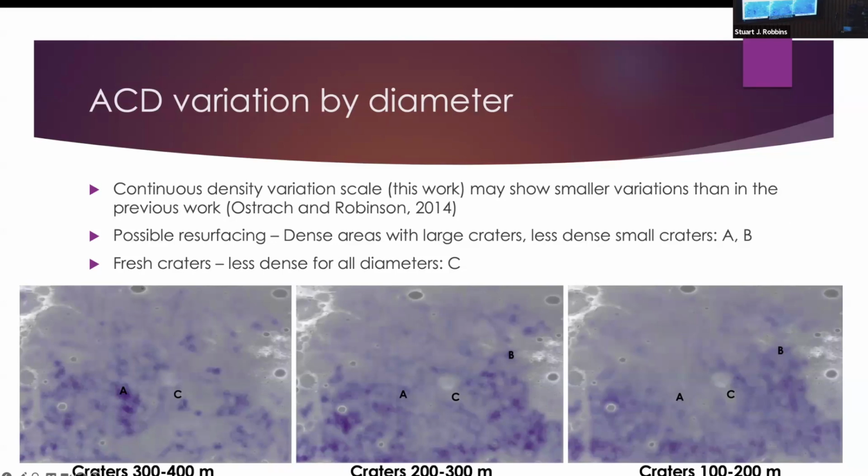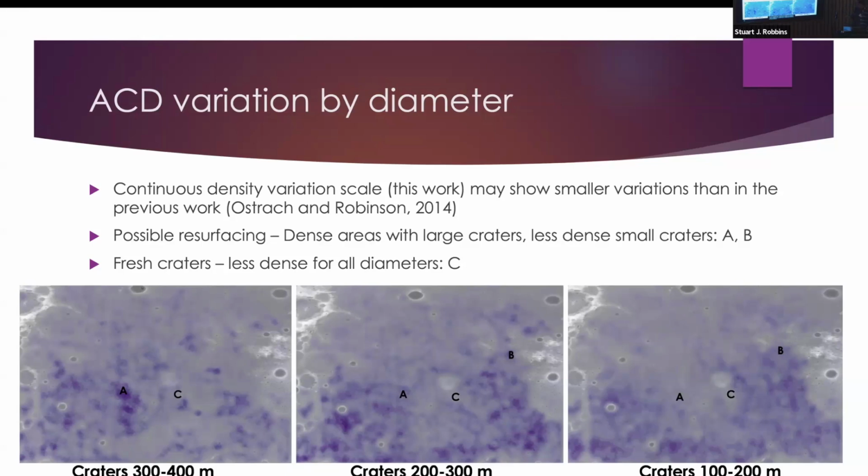Yep. So this work might show smaller variations than what they did, kind of a gross comparison in the 2014 study with Ostrich and Robinson. But I think in the future, I'll probably slice this data to look at possible specific flows.